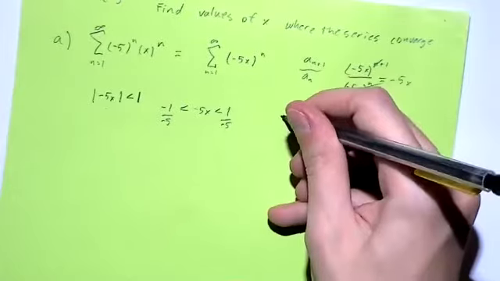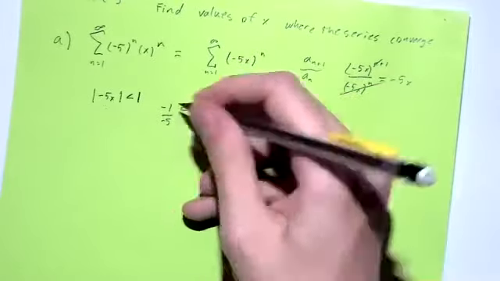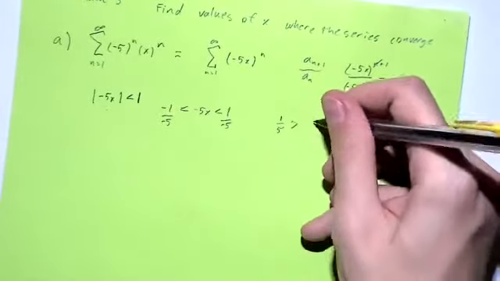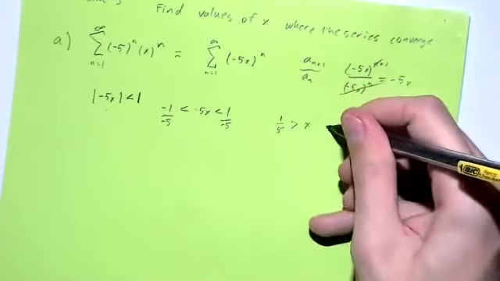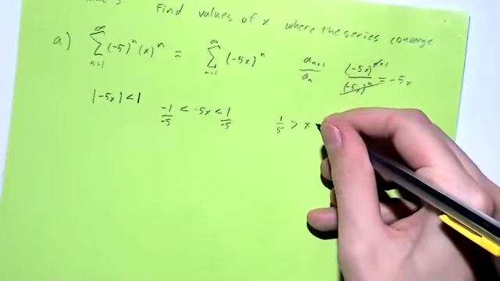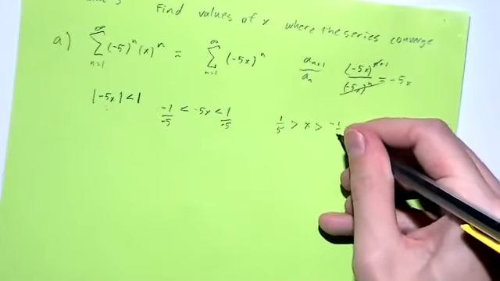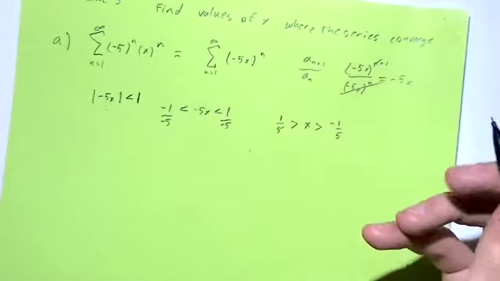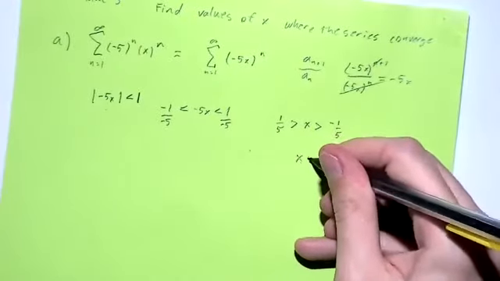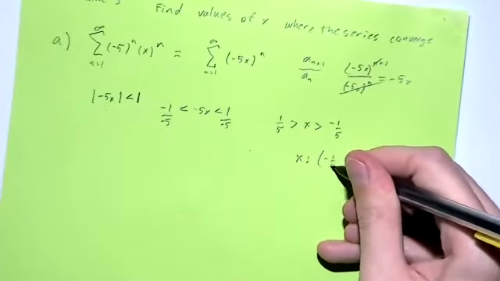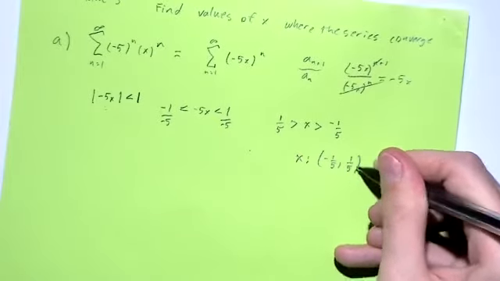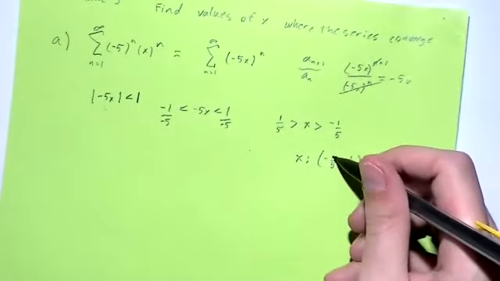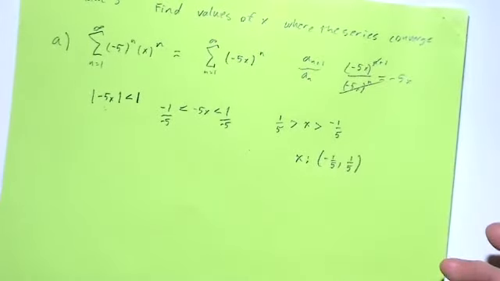So this becomes 1/5, because a negative over a negative makes a positive, greater than x. And then this would be flipped. So x has to be greater than -1/5. So basically our x values are going to be from -1/5 to 1/5.